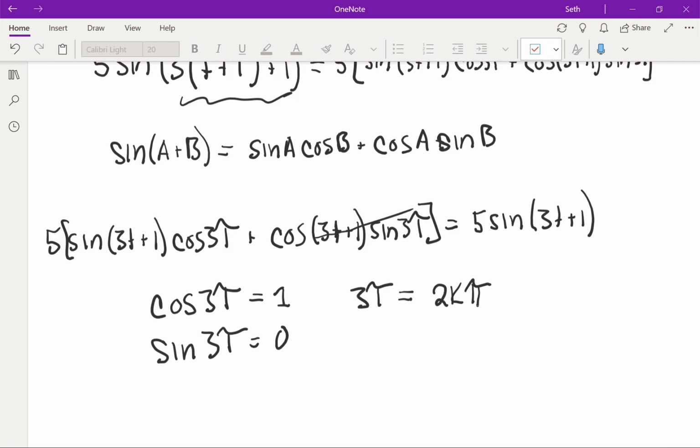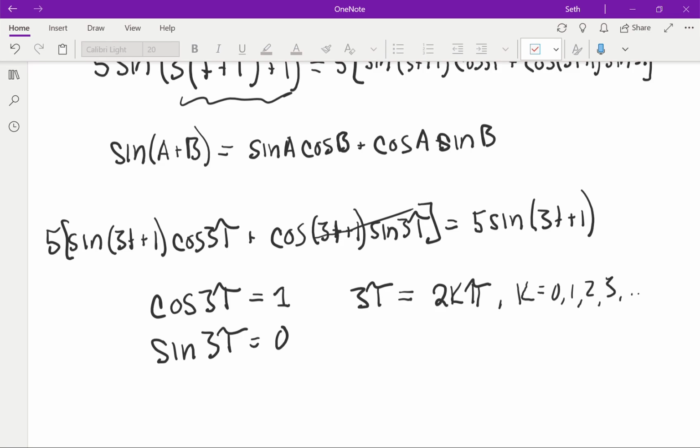And we'd write that as 2k pi, where k is 0, 1, 2, etc. And this condition will also satisfy this, because sine 2k pi is always going to give you 0, assuming k is an integer. And that's the important part here.